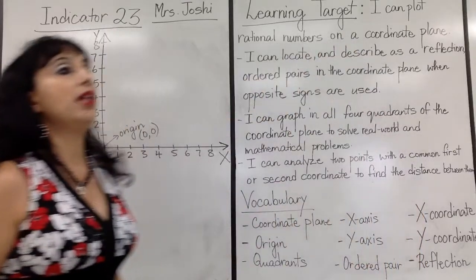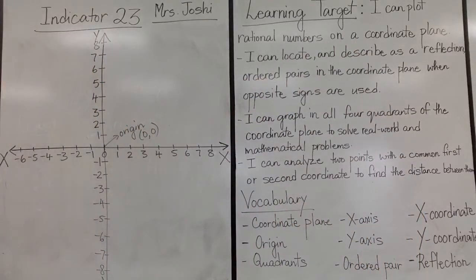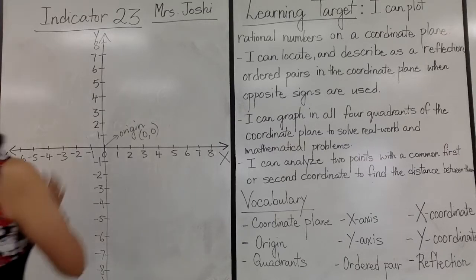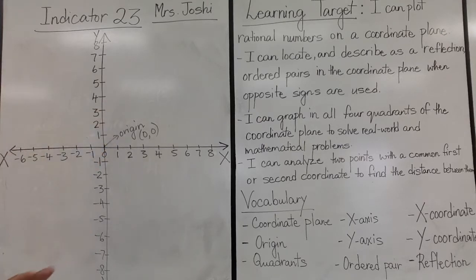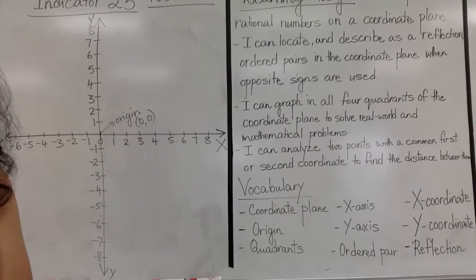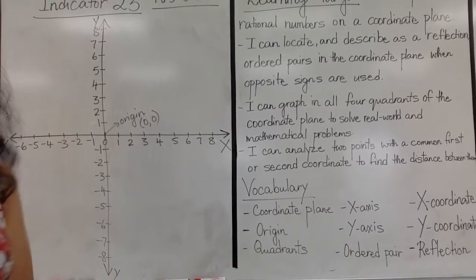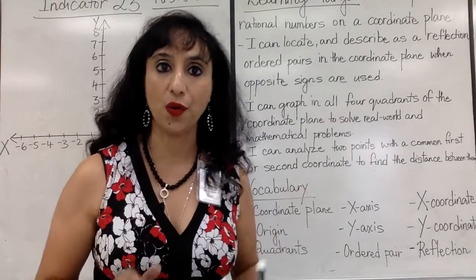Okay, now as you can see, once the horizontal and the vertical line are intersected by the origin, you can see that we have this divided into 4 different regions. And think about when I say quadrant, it has the word quadro.